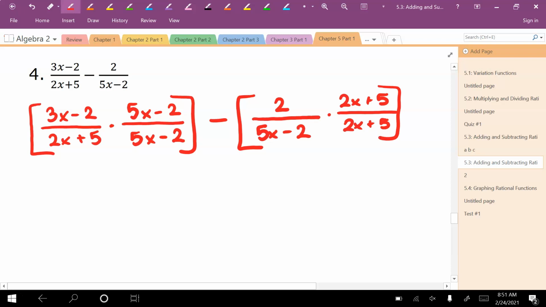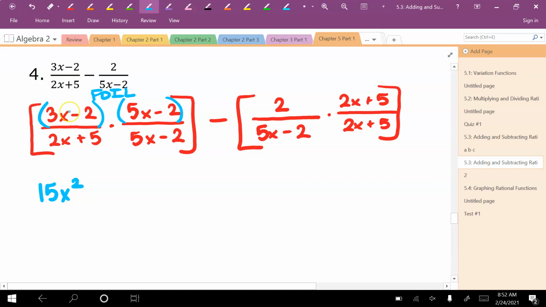Okay, on the top, for this first one, you're going to have to use your FOIL rules. Okay, first, outside, inside, last. So first would be 3x times 5x. What's that going to give me? Good.